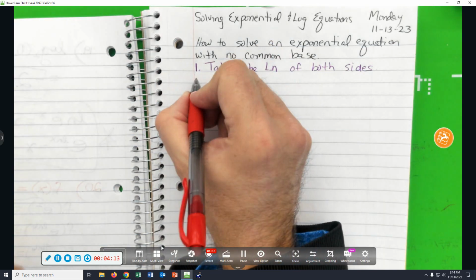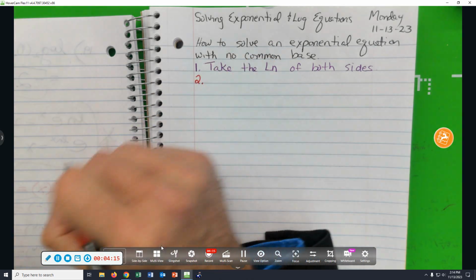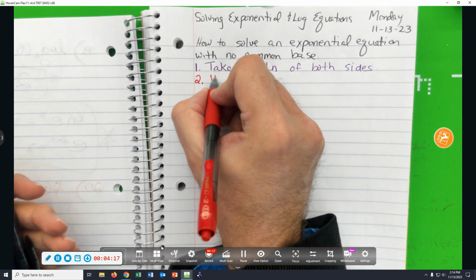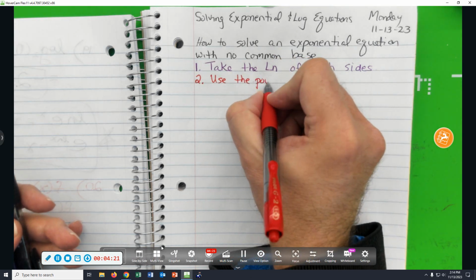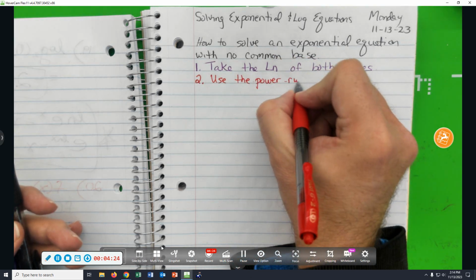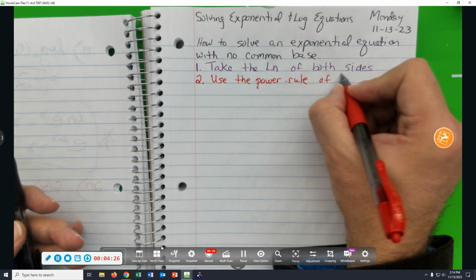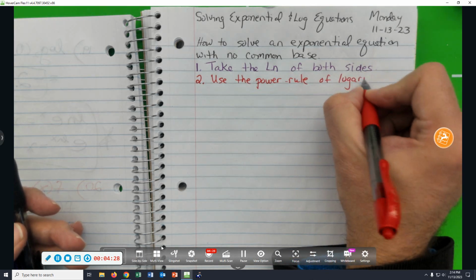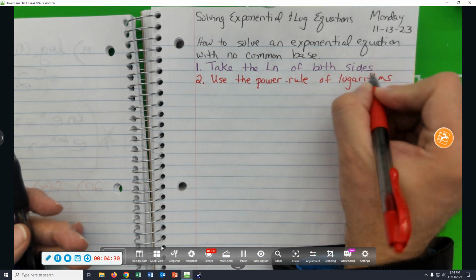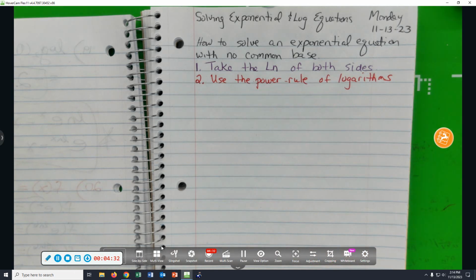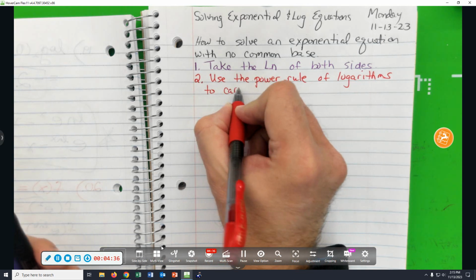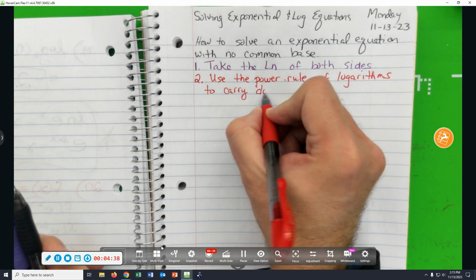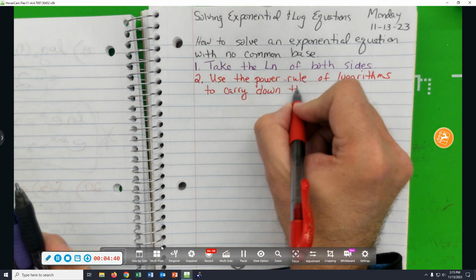By that I mean we're going to just stick an L in front of each side. Step 2, use the power rule of logarithms. That's one of the big things that logarithms can do, is let you bring that exponent down. Use the power rule of logarithms to carry down the exponent.